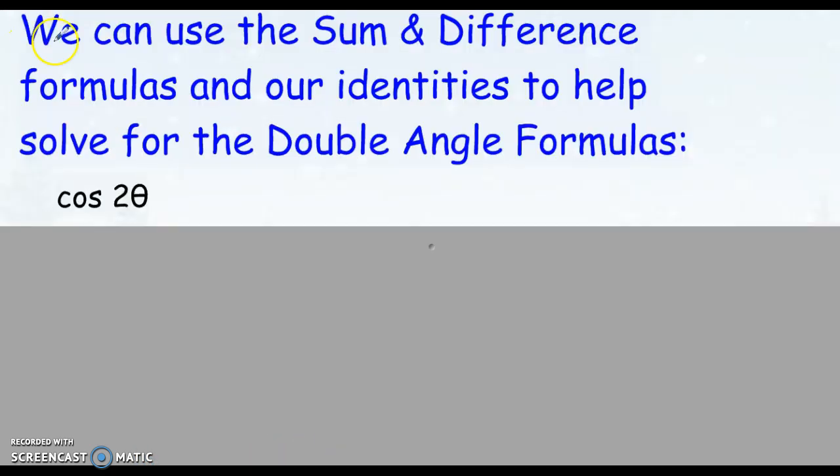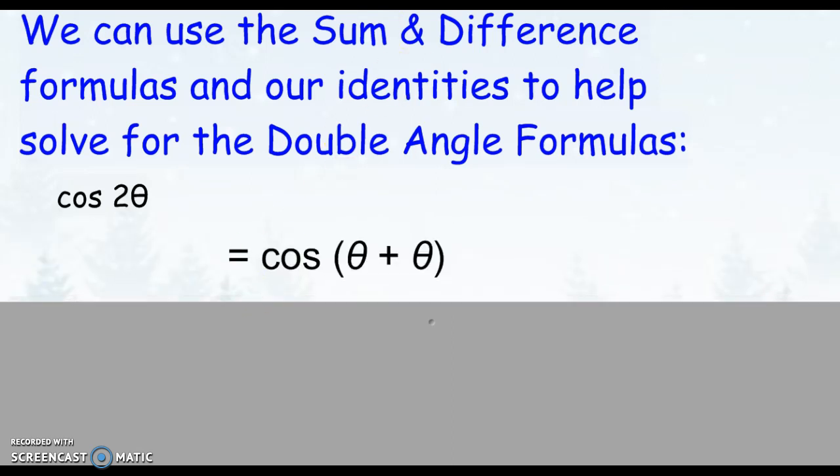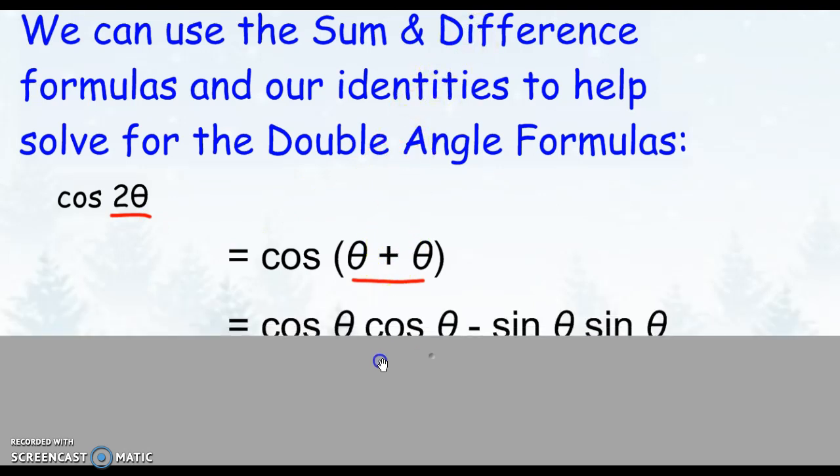We also have a formula for the double angle of a cosine, and we are again using the sum and difference to prove it. So we're going to rewrite cosine of 2 theta as the cosine of theta plus theta, substituting that in for this. And we're going to use that sum and difference formula. Remember, cosine is the opposite.